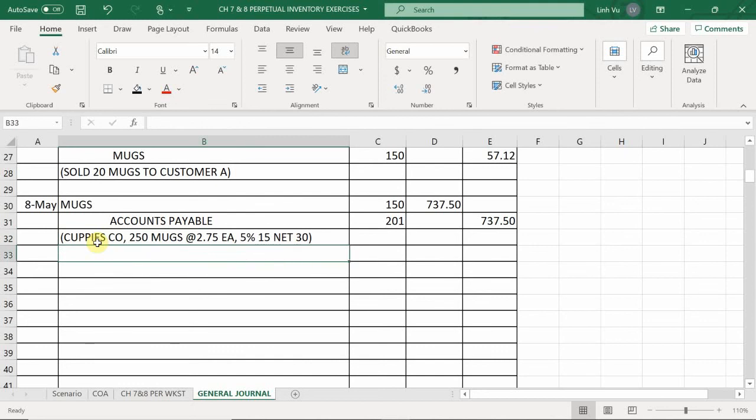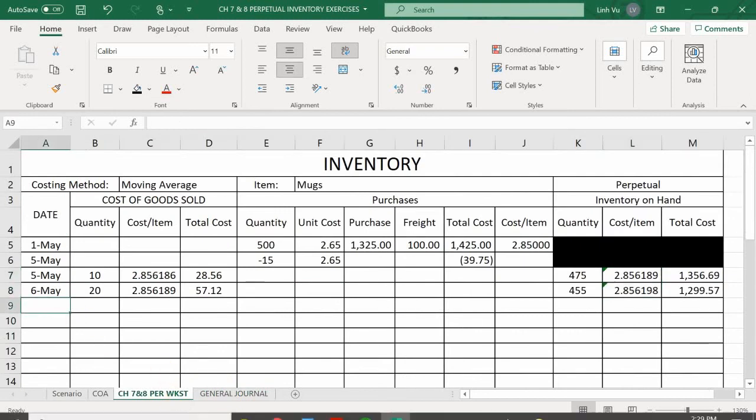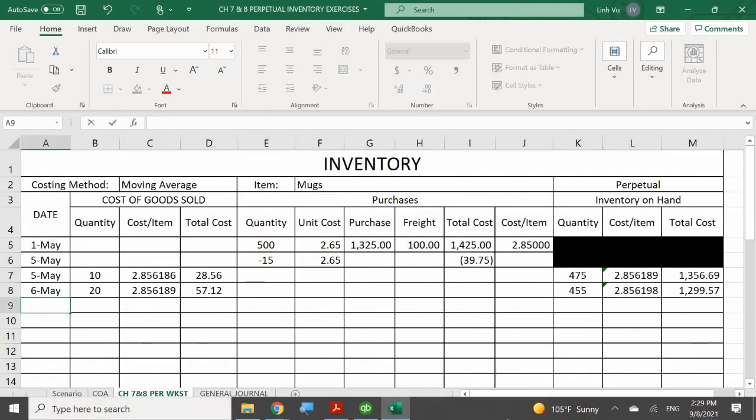And of course, we need to update our inventory as well because we have inventory. So we're going to put in here the date, which is 5/8. Plug in that we purchased 250 items at $2.75 each, with the freight costing you $50.